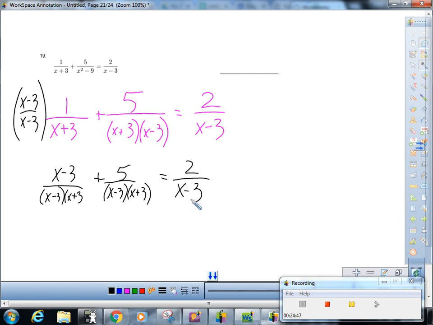Okay, what's a negative 3 plus 5? That's a positive 2, right? So this top turns into x plus 2 over x minus 3 times x plus 3. And now we're going to cross multiply.